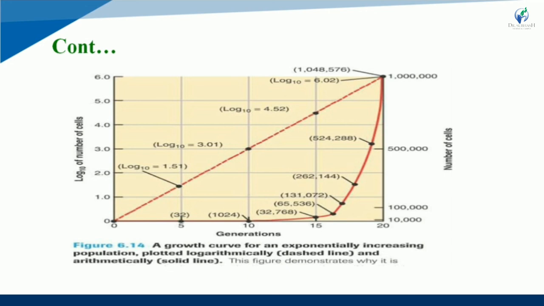For the second, generation 2 to the power of 10, the number of cells produced is 1024 and the log of the number of cells is about 3.01, while for 2 to the power of 15, the number of cells is 32,768, and the log number of cells is about 4.52, and so on. Thank you.